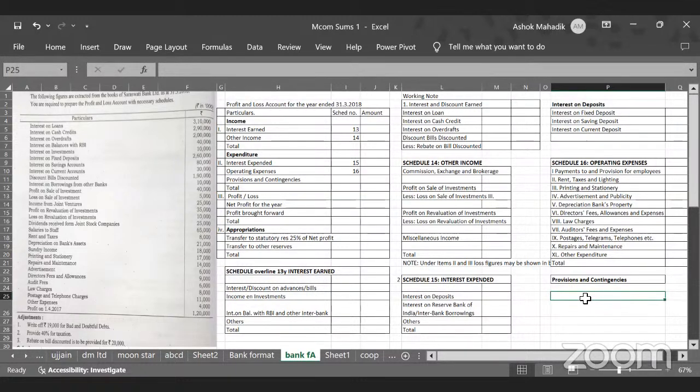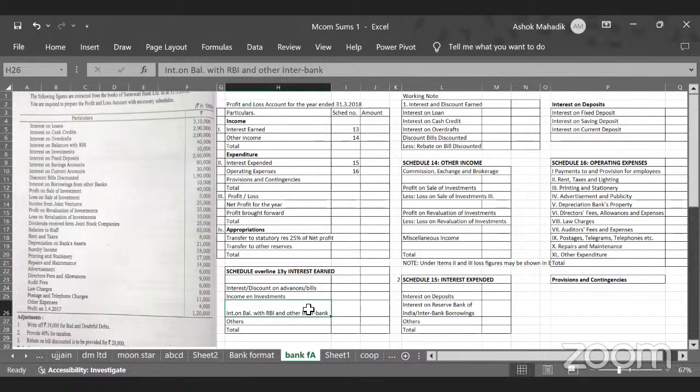So interest on overdraft, that is bank overdraft. You know that sometimes customer can withdraw more than what he has in the bank. But bank will charge interest on that. So it's called interest on overdraft. So that is also an income for the bank. So schedule number 13. Clear? Then interest on balance with RBI. We just saw that we have made one schedule.